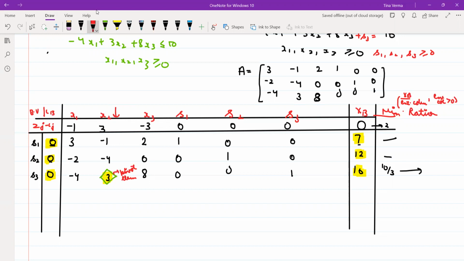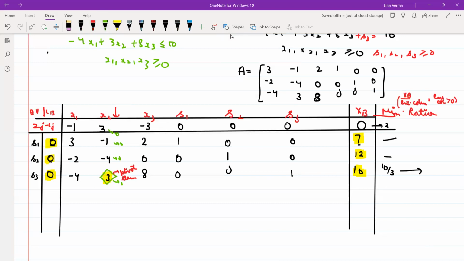Something wants to enter, but nothing is there to leave. Then in that case, I will have an unbounded solution, right? So this is my pivot element. What is the step? I have to make the pivot element as 1, and the other entries in this column as 0.